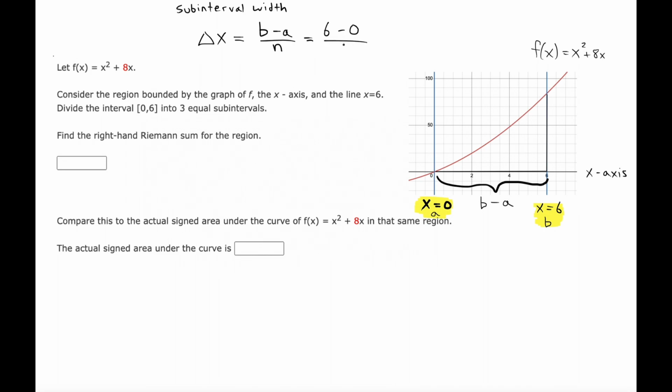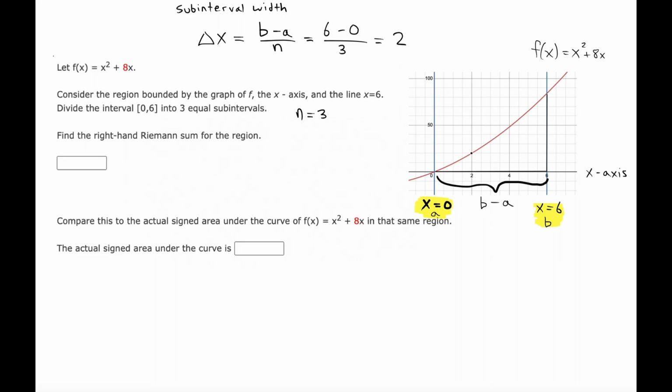And then we'll divide by n, which refers to the number of subintervals requested. They want 3 subintervals, so for this problem, n is 3. This reveals that the subinterval width needs to be 2.